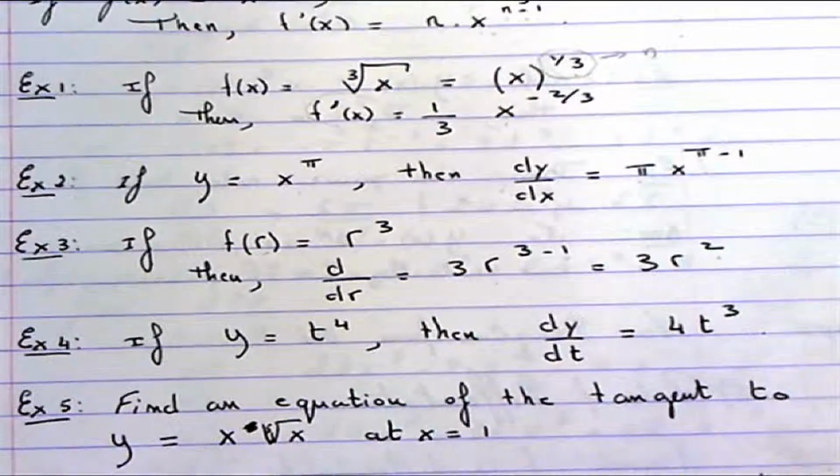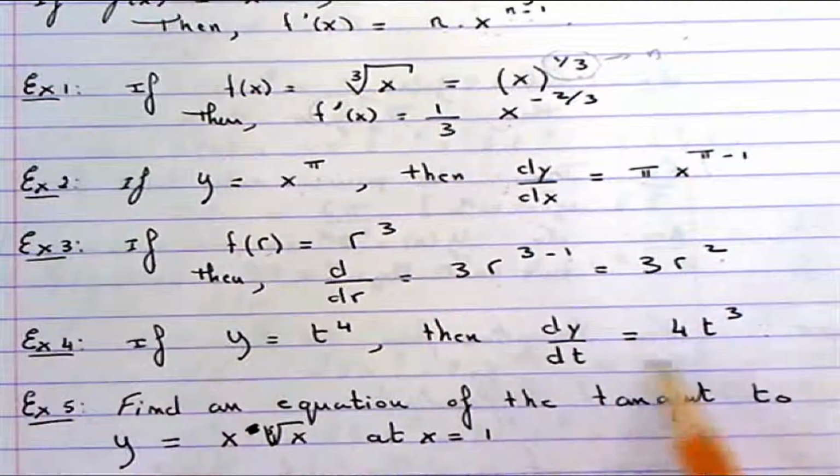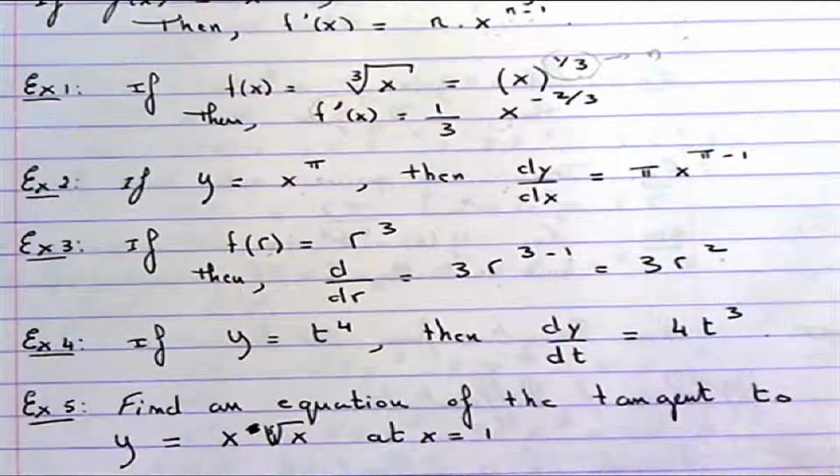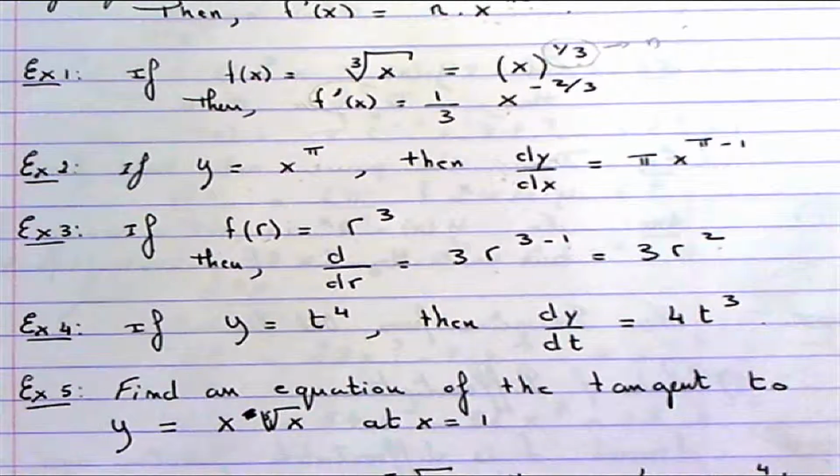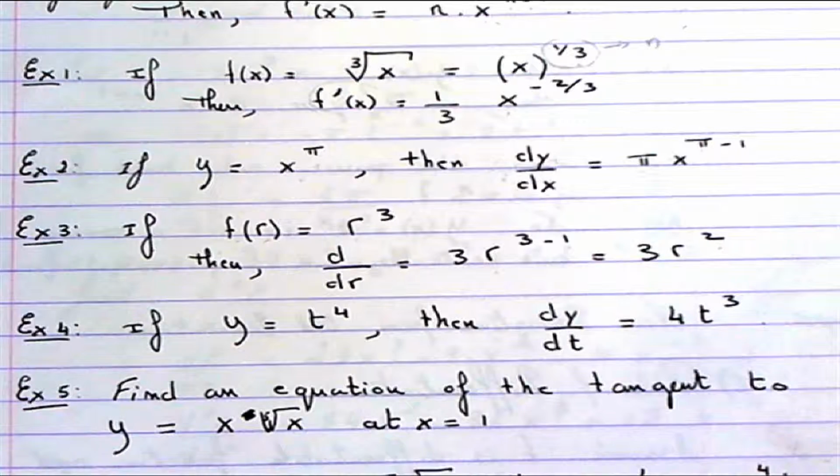So why don't you go ahead and do this one for me, please, and try to get to the answer. Do example 4 to see if you can get to this answer. Soon you should be able to do this off the top of your head.